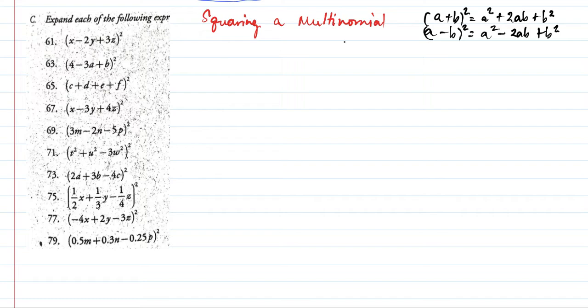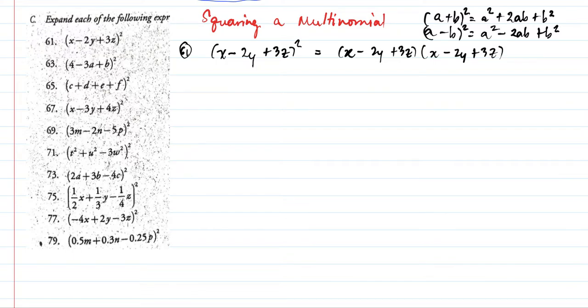Now, what if it's a multinomial? Because there are more terms than in a binomial. Like this number 61. What if there are 3 terms inside? For number 61, if we want (x minus 2y plus 3z) squared, we know that's equivalent to (x minus 2y plus 3z) times (x minus 2y plus 3z).